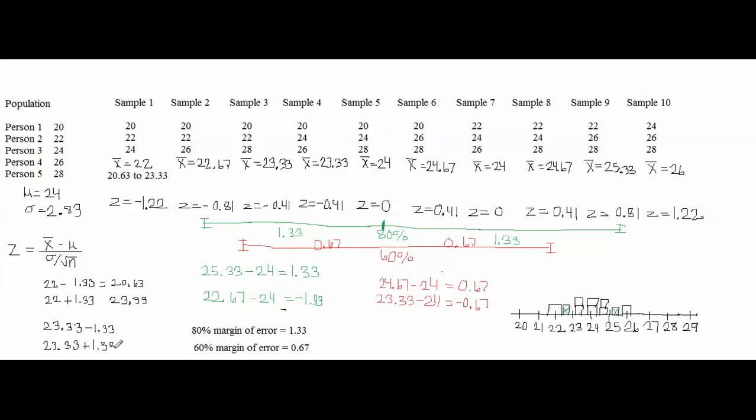And we get 22 for the lower number, and for the upper number we get 24.66. So we can see that each of the 10 samples has its own 80% confidence interval.